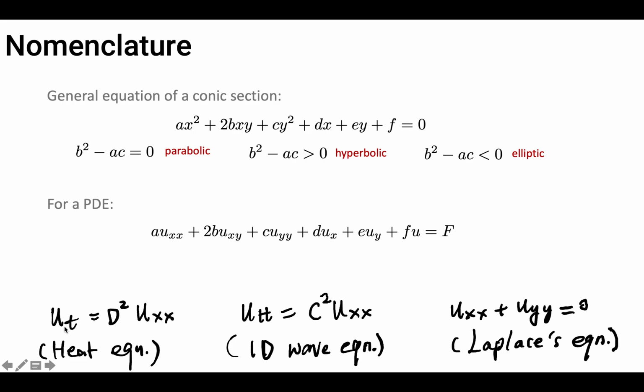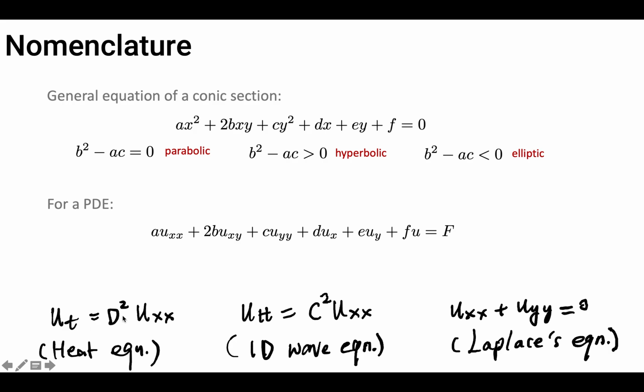So we have ut equals d squared times uxx, and this is called the heat equation, which we'll also talk about later. But for now, let's just look at the formula here. Here we don't have x and y, and imagine that t is a variable y here.